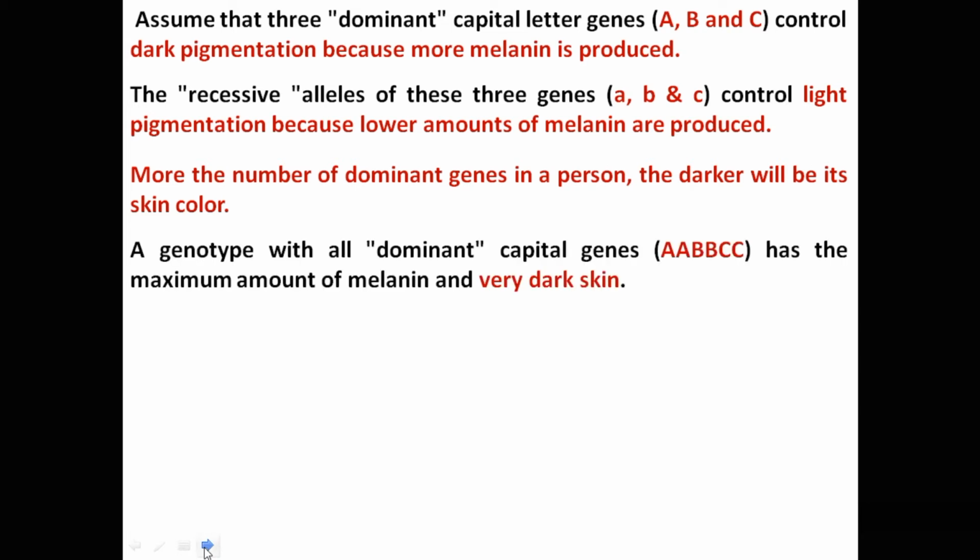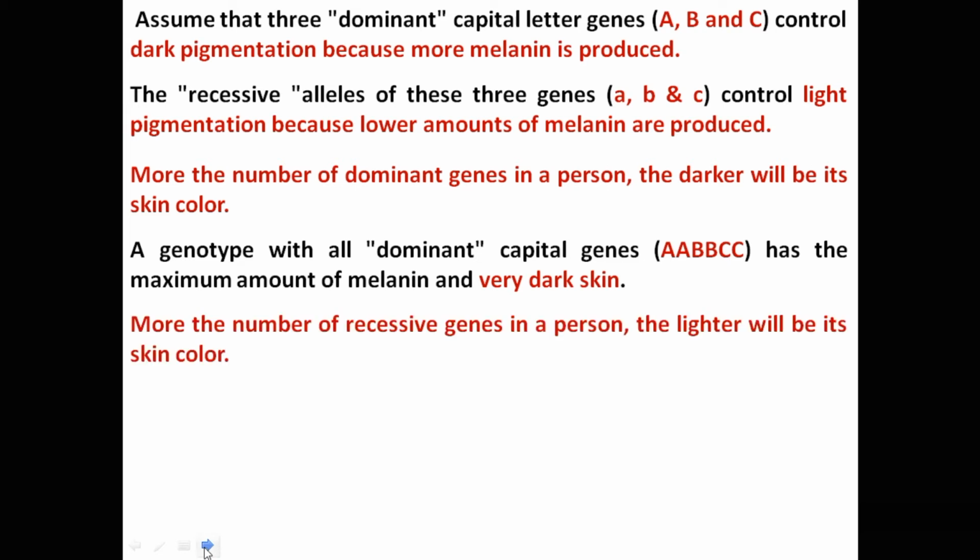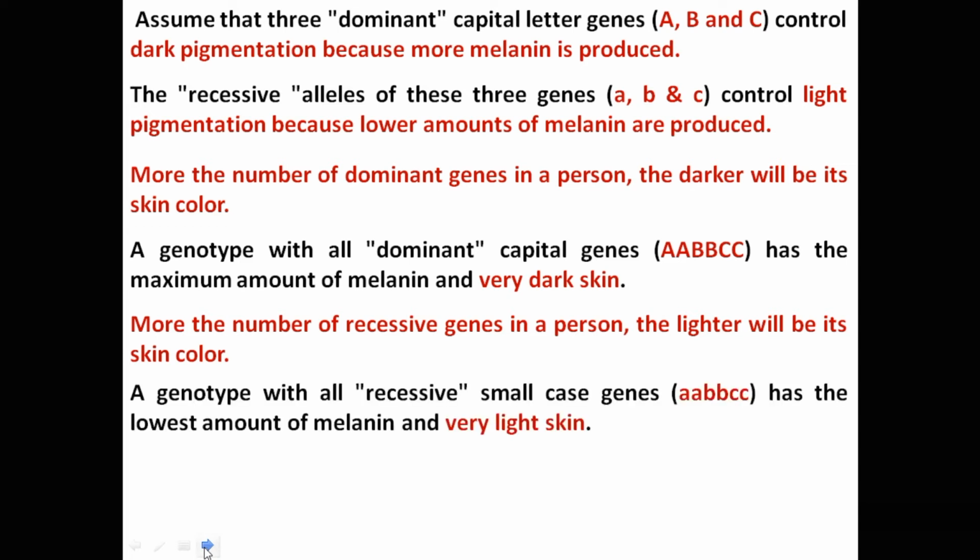So a person with genotype capital AA, capital BB and capital CC has maximum amount of melanin and very dark skin. The more recessive genes in a person, the lighter will be the skin color. So a person with small aa, small bb, small cc has lowest amount of melanin and very light skin.